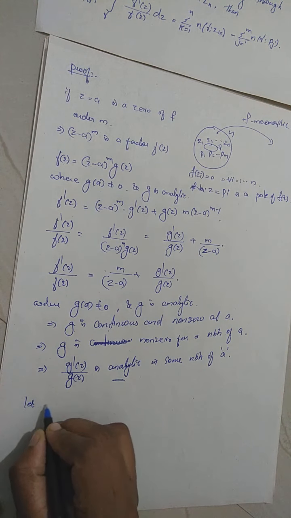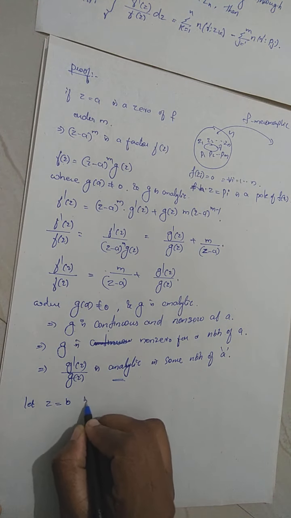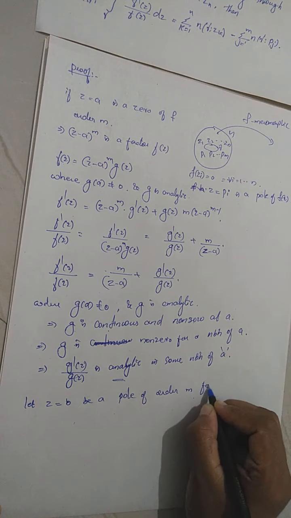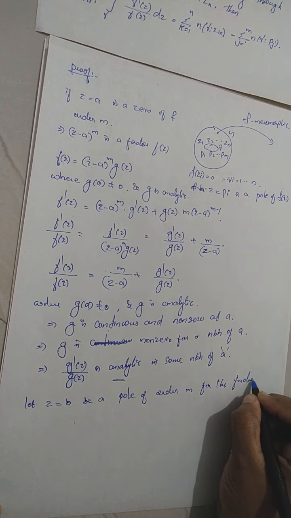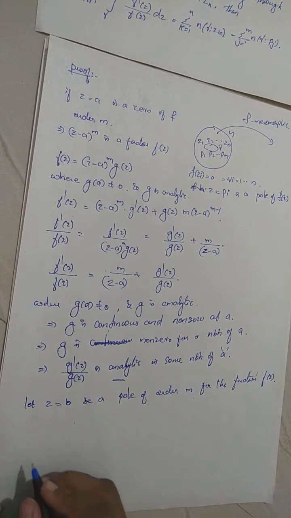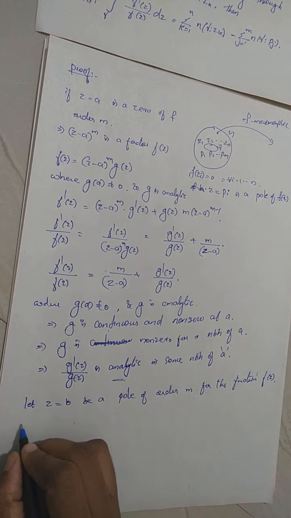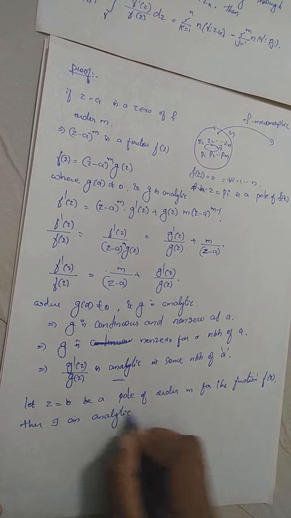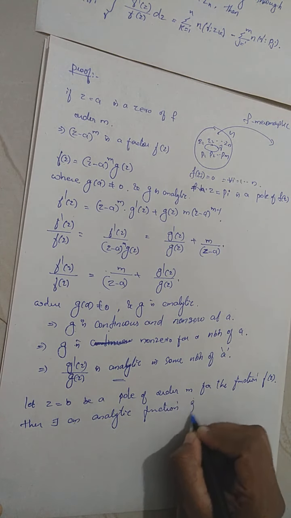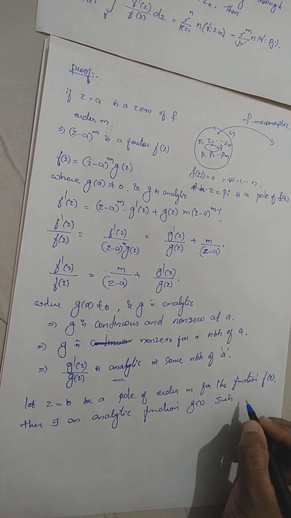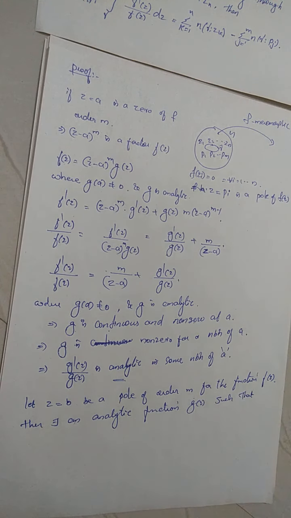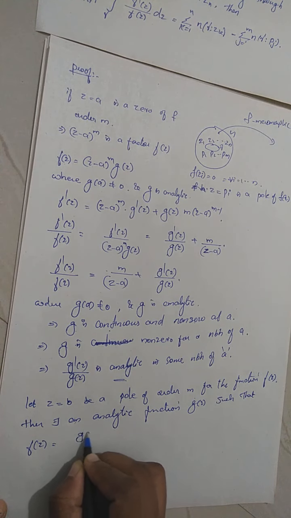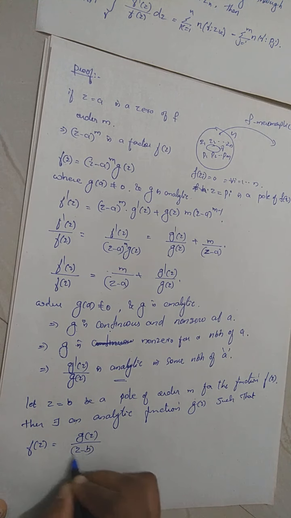So let z equal to b be a pole of order m for the function f z. Then by definition, z equal to b is a pole means there exists an analytic function g z such that f z can be written as g z divided by (z minus b) raised to m.